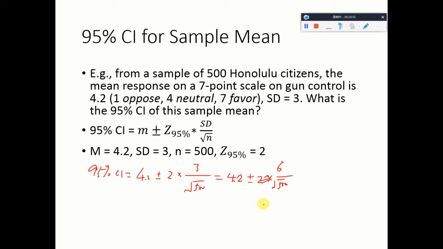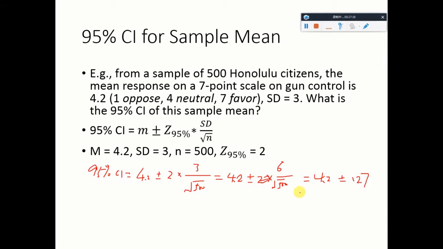From my calculation, this part will be 4.2 plus or minus 0.27.